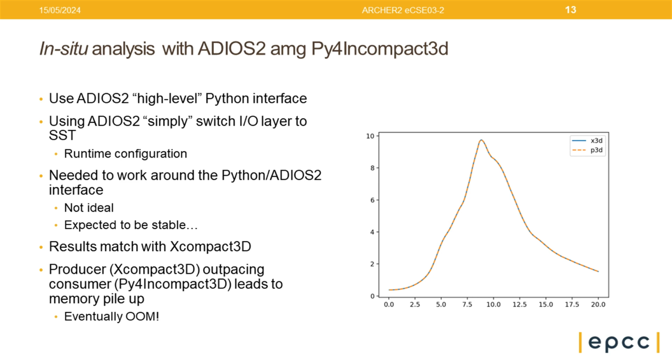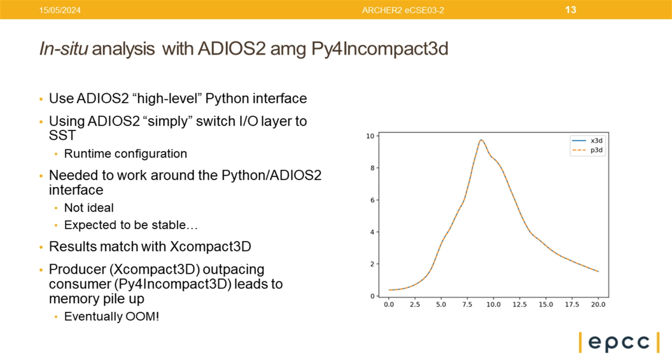And this is where the runtime configuration is very nice, because you can start off with a traditional approach where you'd say write a HDF5 file in your simulation, and I can test that Pi for Xcompact3D reads this correctly via ARCHER2 and check that all the computations are correct. So on the right here, we see a figure which I showed earlier, and what this is comparing is that the diagnostic data being computed by Xcompact3D and Pi for Xcompact3D are consistent, which is what you'd expect given that we're using the same numerical methods.